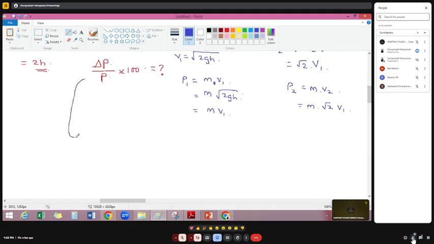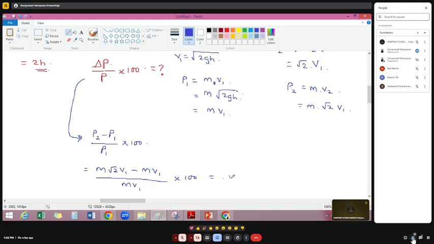So delta P can be written as P2 minus P1 divided by P1 into 100. This you should know, or you should study it properly. That means M root 2 into V1 minus M V1, divided by M V1, multiplied by 100. M V1 comes out commonly, so it gets cancelled out.